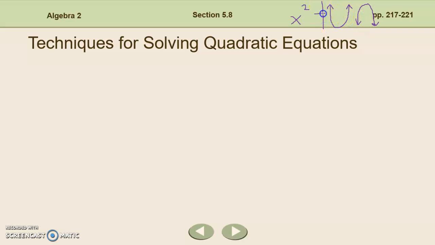If this is our Cartesian plane here, a parabola might cross the x-axis here and here, or maybe here and here, or maybe they only touch the x-axis at one point, or maybe there's some imaginary numbers involved. But when we're solving quadratic equations, what we're really solving for are the places where it crosses the x-axis or touches the x-axis. We also call those the zeros of the equation.